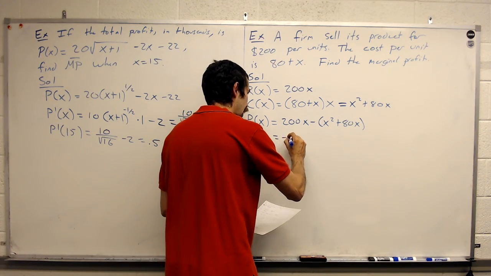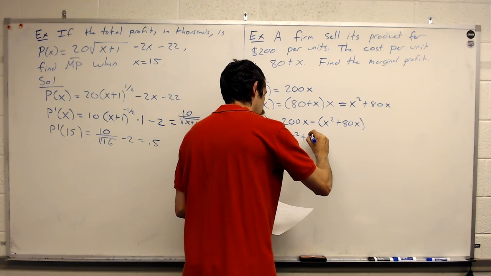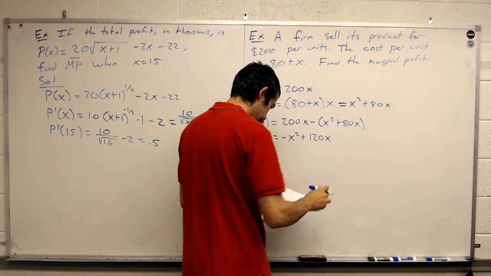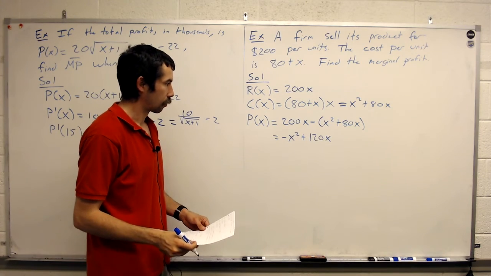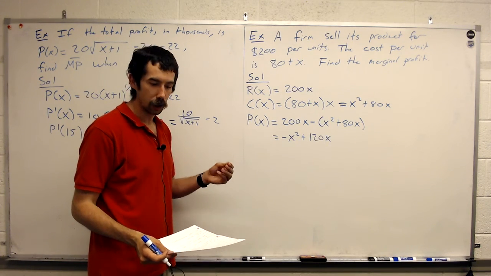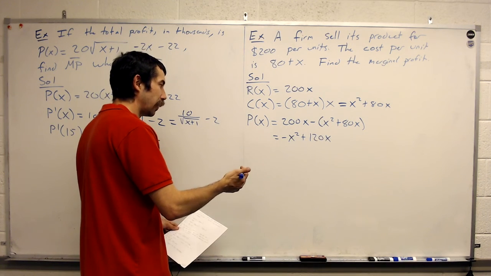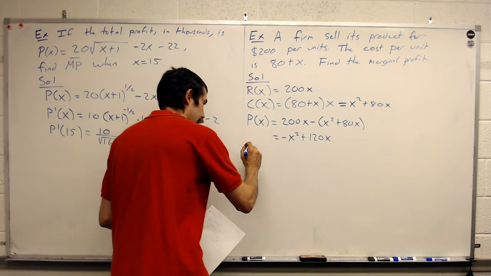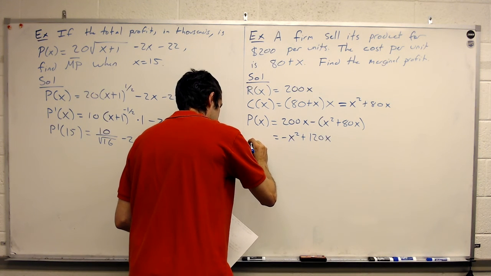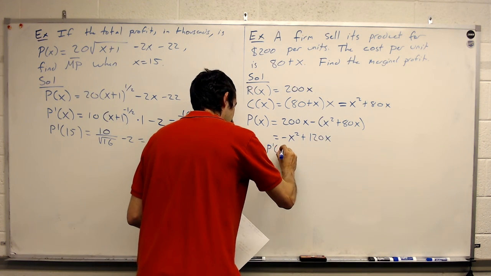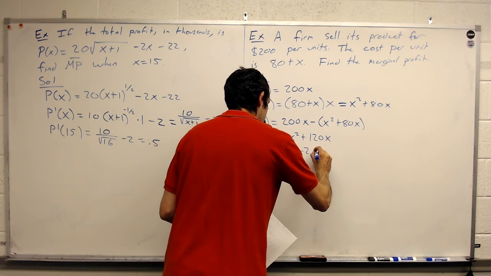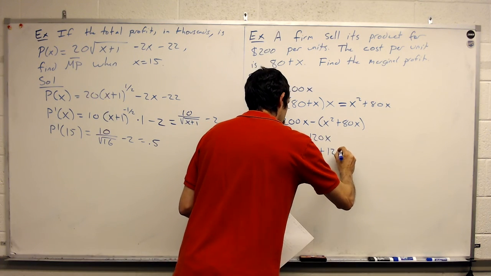This is equal to negative x squared plus 120x. All right, so what is our marginal profit function? Our marginal profit is P prime of x, which is negative 2x plus 120.